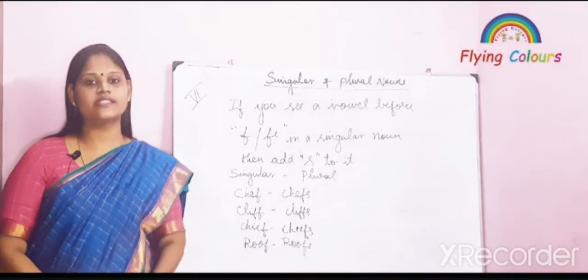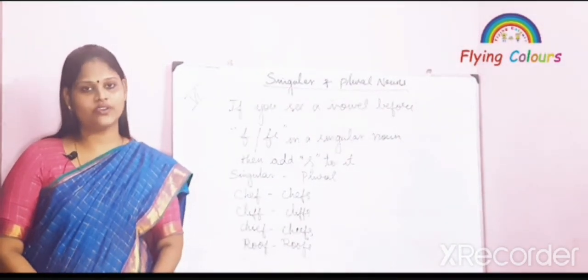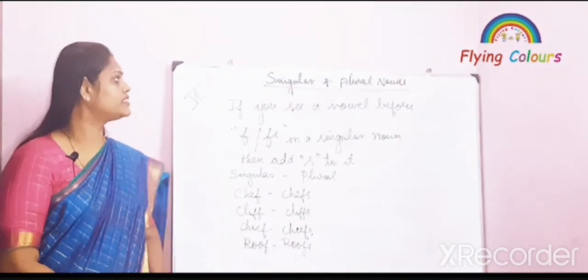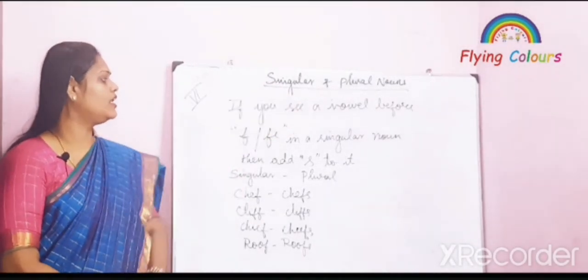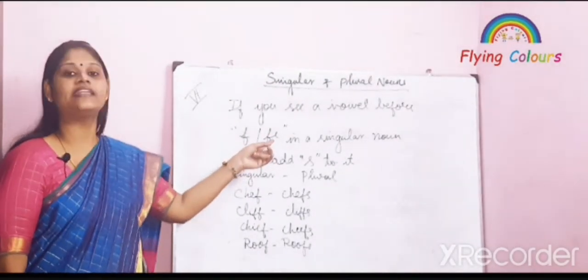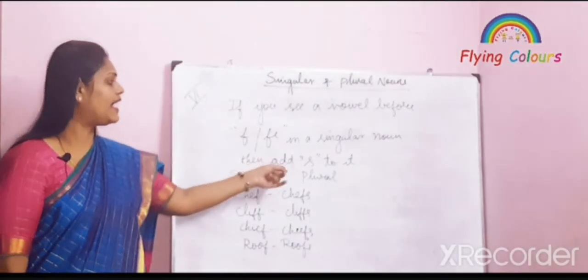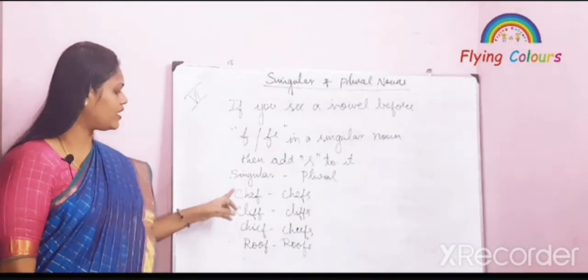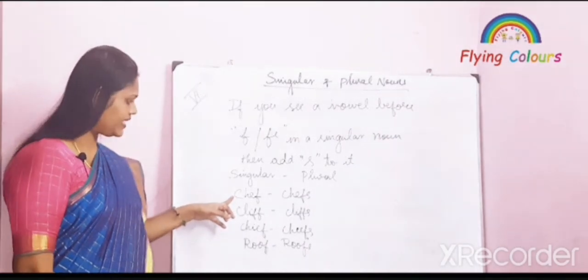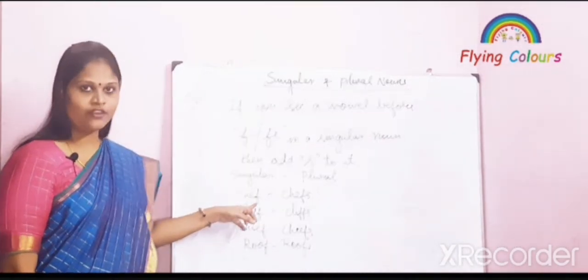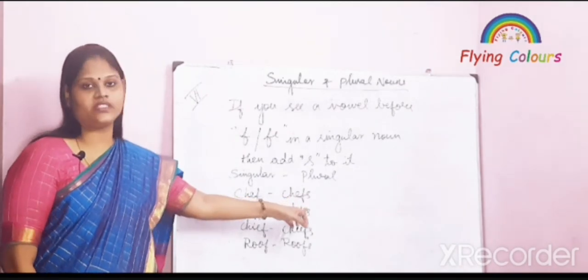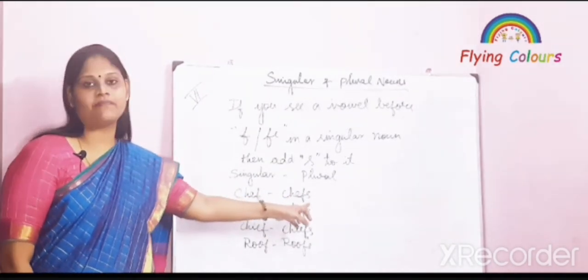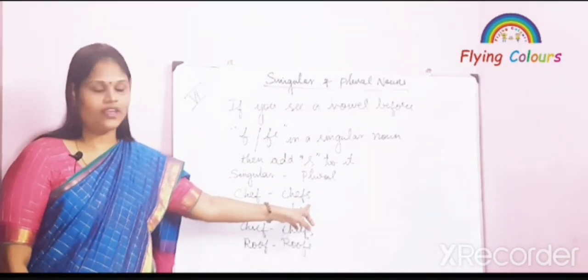So this is the sixth concept for singular plural noun. So what is it? If you see a vowel before F or FE in a singular noun, then add S to it. This is one more concept. For example, singular noun is chef. So if you see F at the end of this noun, you can add S to it. Chef, chefs, hotel chefs. Okay?